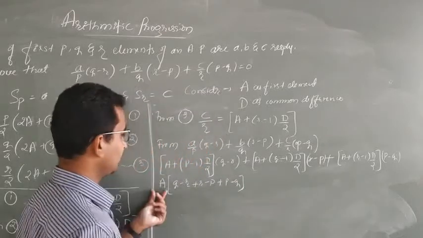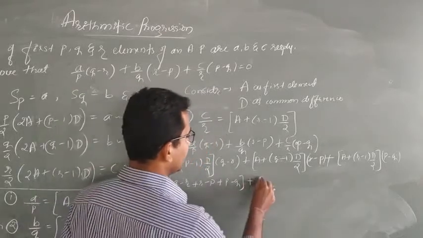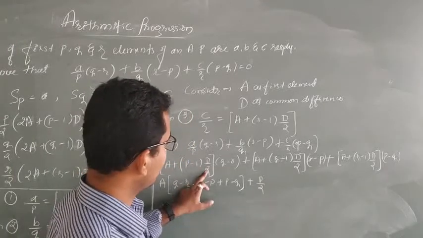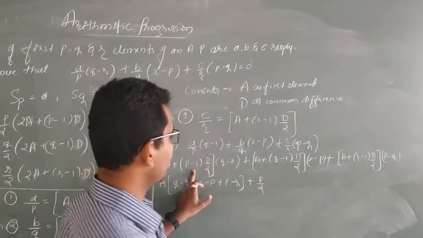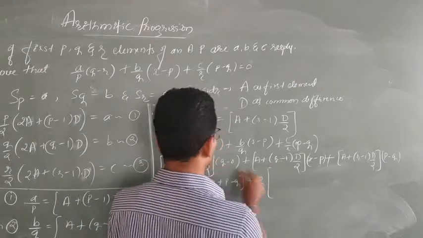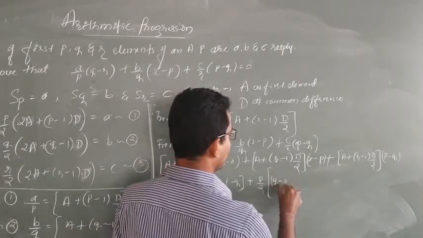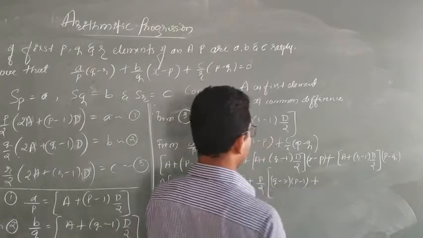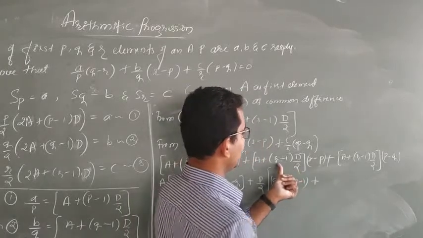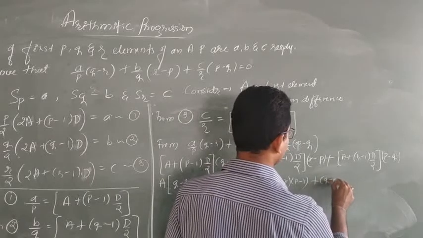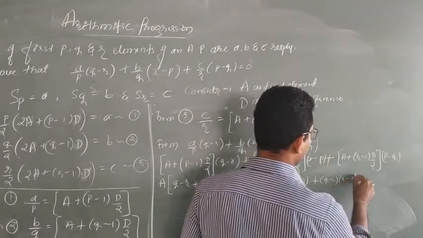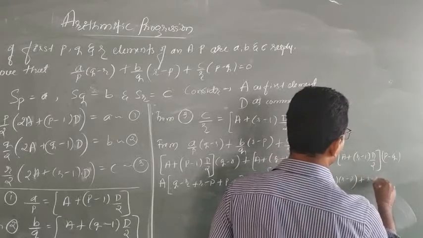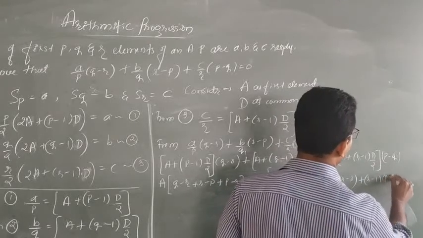Then plus again I take d by 2 as the common multiple: q minus r into p minus 1, plus q minus 1 into r minus p, plus r minus 1 into p minus q.